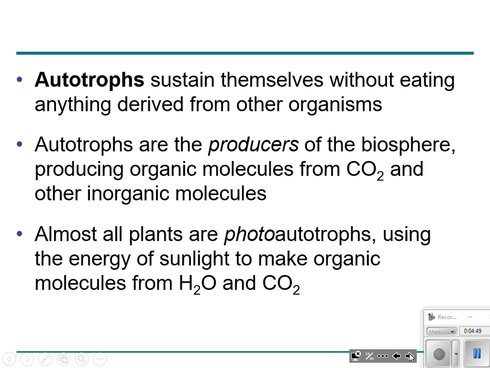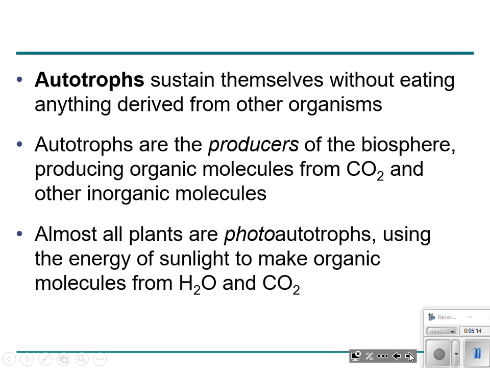Almost all plants are photoautotrophs, which means that they get their energy from sunlight. That's what the photo is, the light. So a photoautotroph, let's break it down.